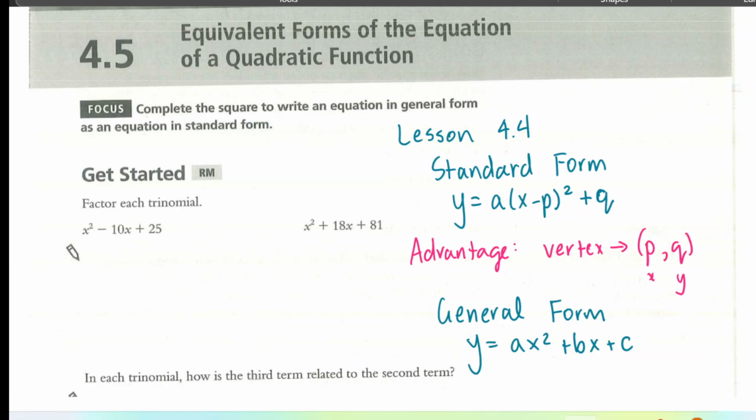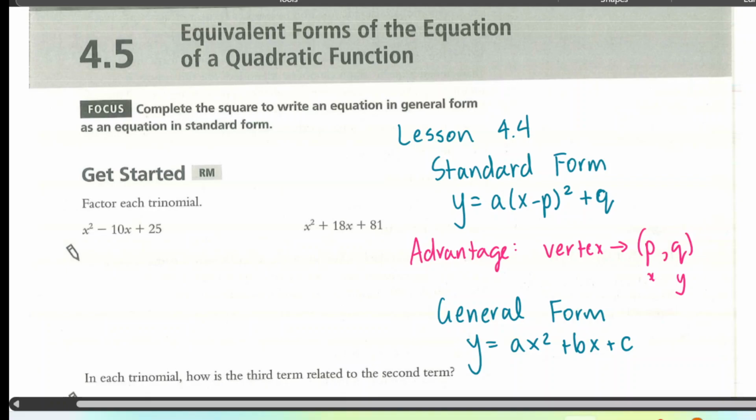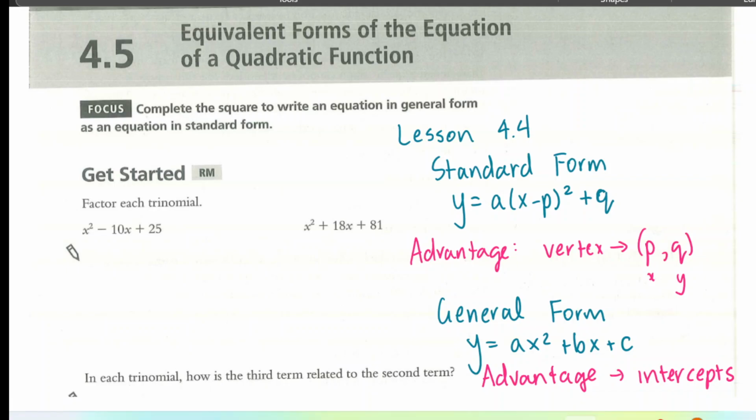And so from this format, the advantage is that you can find the intercepts a lot easier. We'll get more into detail in the next lesson, but you'll be able to find the y-intercept, which is just the c value, and then the x-intercepts by solving the quadratic equation for 0. So that's the advantage of the general form.